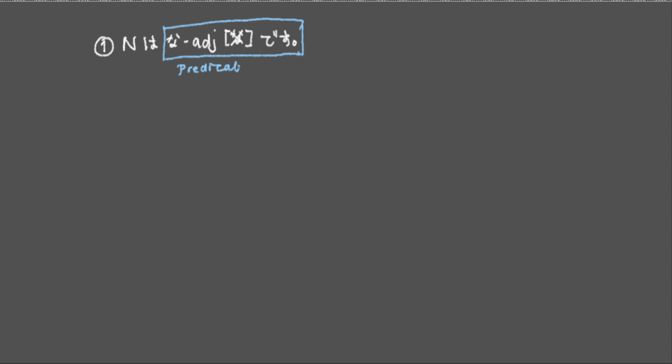First is noun wa na adjective without the na, desu. Now this part here, I have repeated this quite a few number of times, but this part here is the predicate of the sentence.